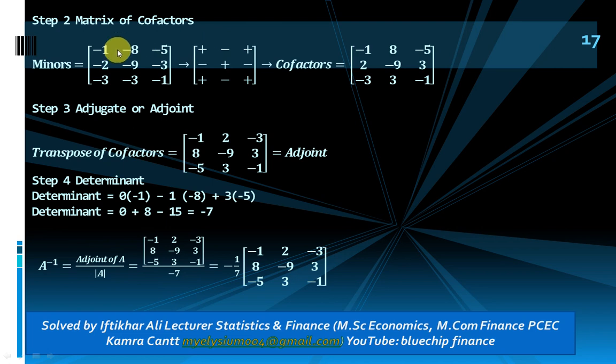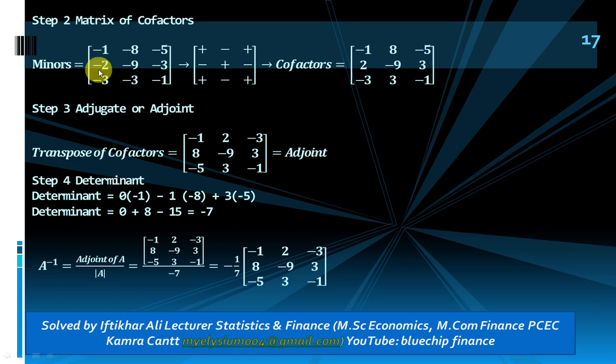First of all minus 1 and plus, so minus and plus will be minus, so the result will be written as minus 1. After that minus 8 and minus will become plus, so it will be 8 here instead of minus 8. After that minus 5 and plus and minus will be minus, so minus 5 will be here.